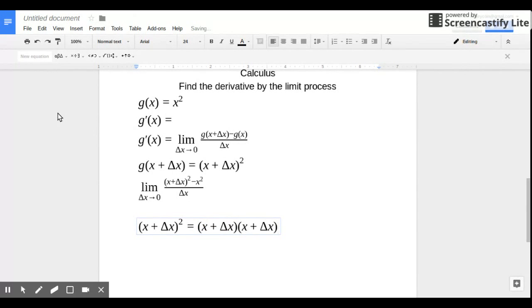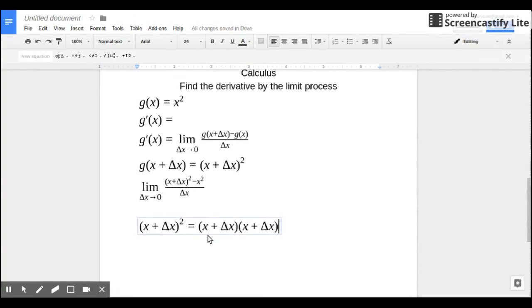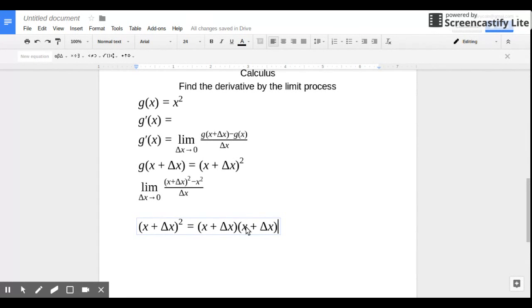See that? There's two of them. So this is that intermediate algebra stuff that we've got to refresh your mind with. We need to multiply this thing out. So you always multiply the first terms, x times x, which is equal to x squared.